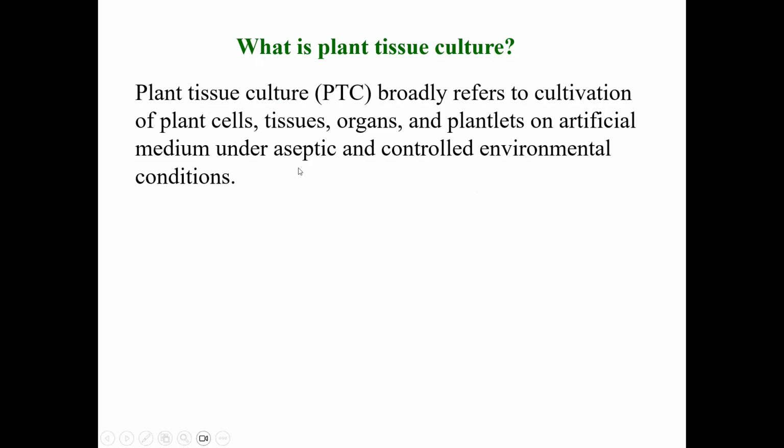Another point is aseptic. Aseptic means you do not allow contamination with microorganisms and others, that is, it is free from contamination. And obviously there are controlled environmental conditions in the laboratory: temperature, humidity, and other things are controlled.